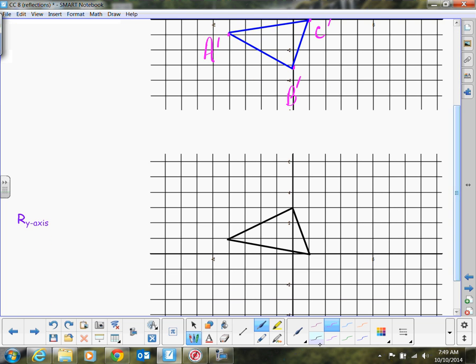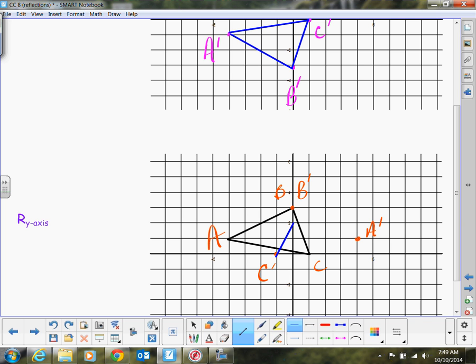So now if we want to do it over the y-axis, we've got A, B, C. B doesn't move, so it's its own reflection. But A is 1, 2, 3, 4 units left. 1, 2, 3. There's A prime. C is 1 unit to the right, so we go 1 unit to the left. That is C prime.